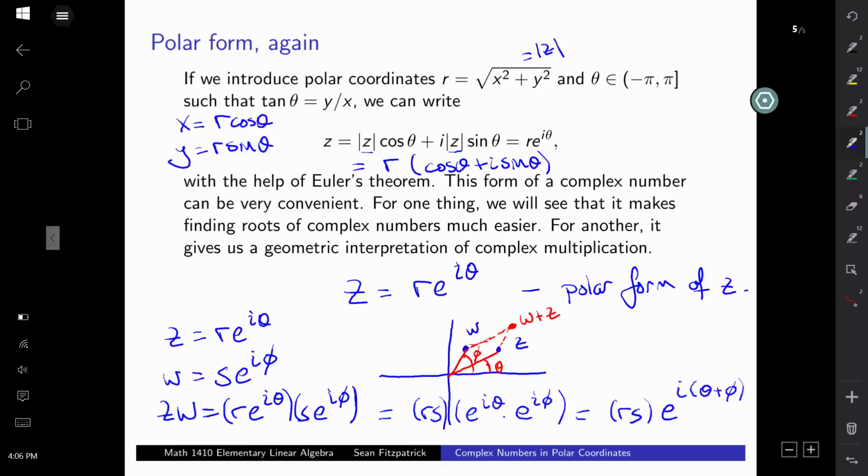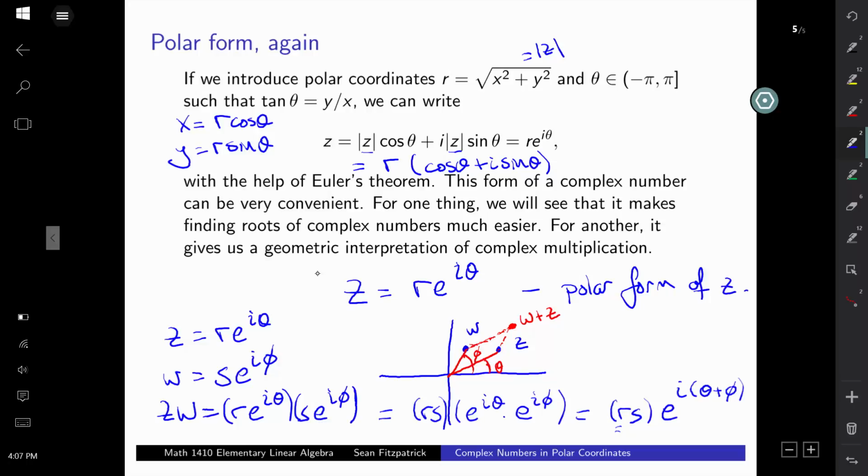So if I'm taking a complex number w and I want to multiply by a complex number z, what happens when I multiply by z? Well, the modulus gets stretched by a factor of r, and the argument gets added. So when we multiply by z, we stretch and we rotate.